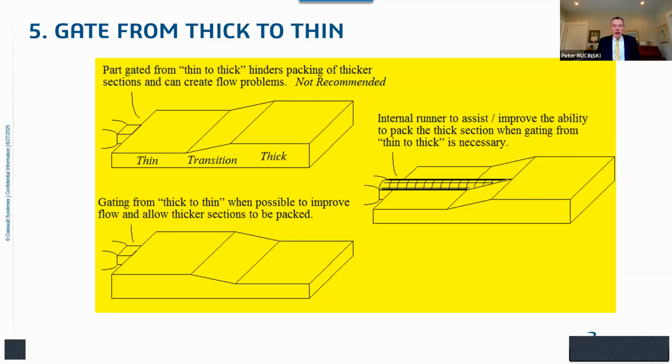On the right-hand side of the graphic, it's what I would call a Band-Aid solution or a cheat solution. Sometimes it's the only option that you have, though. We add what's called a blind runner to your part geometry. So we're actually adding material to the mold cavities to improve flow through the thin section, so that you allow material to get through there and fill and pack the thick section before it can cool and freeze off.